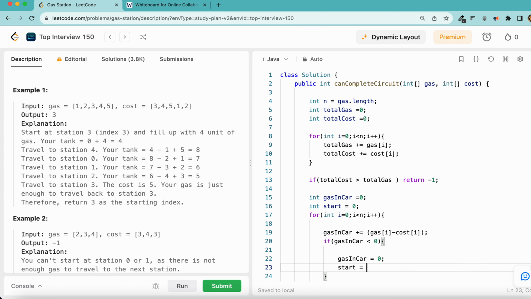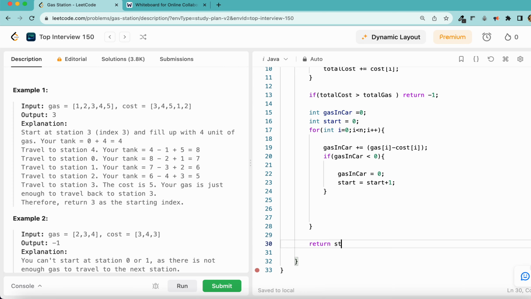I will just return start. If anything is negative, then that is not my solution, so I'll move my start position to the next position.